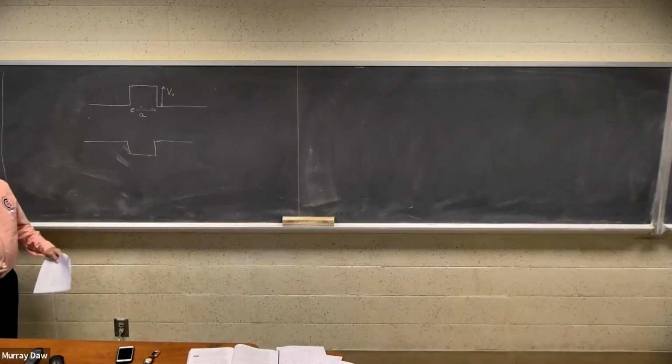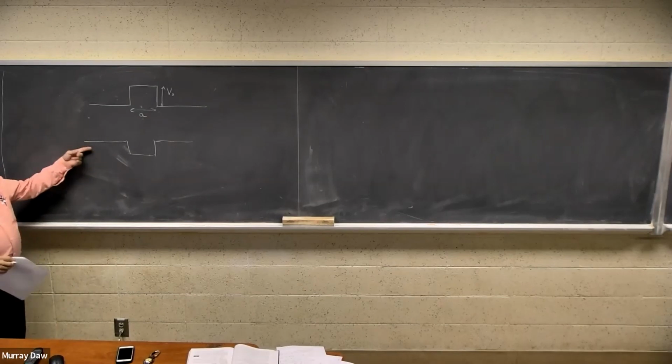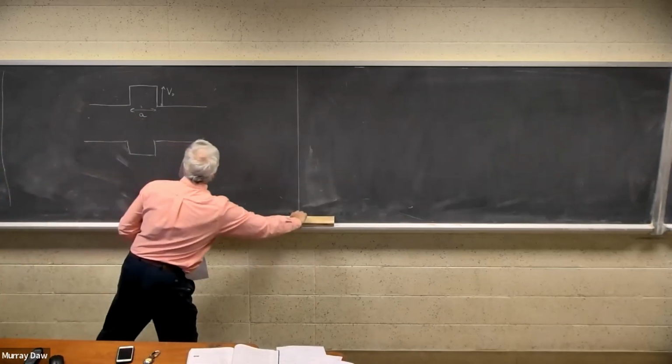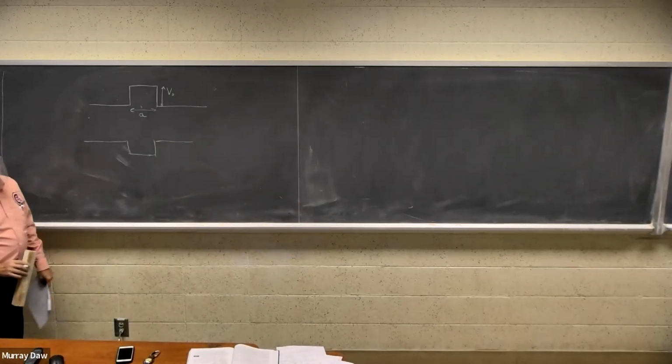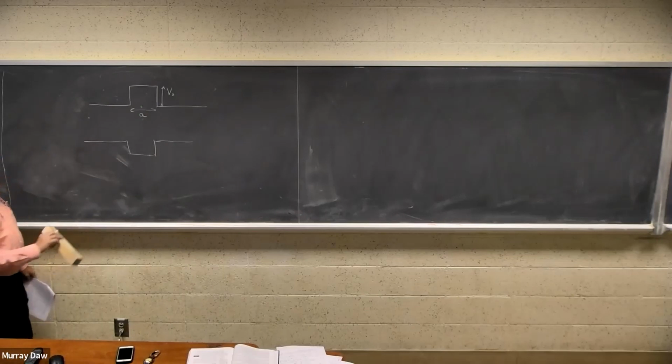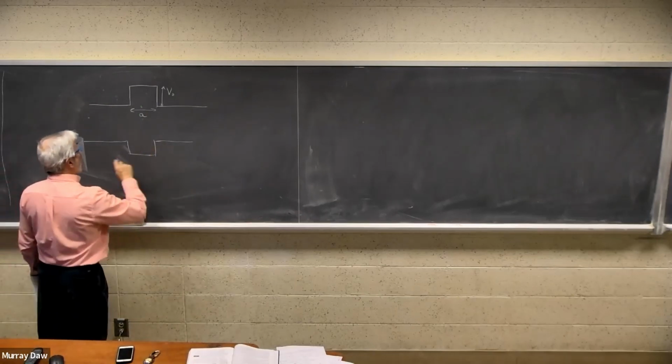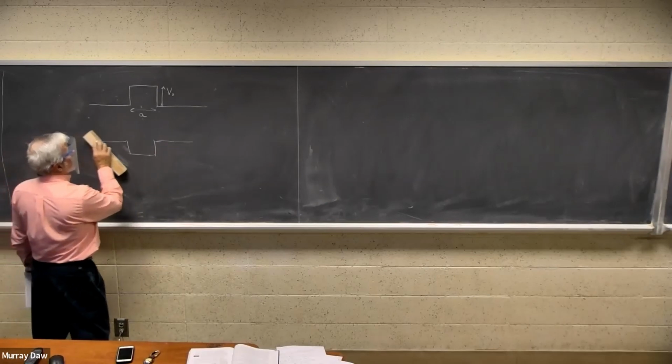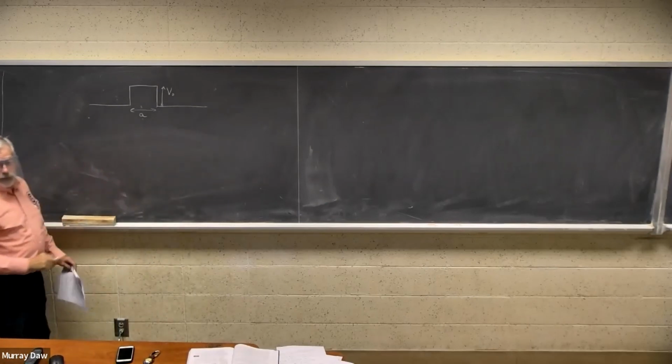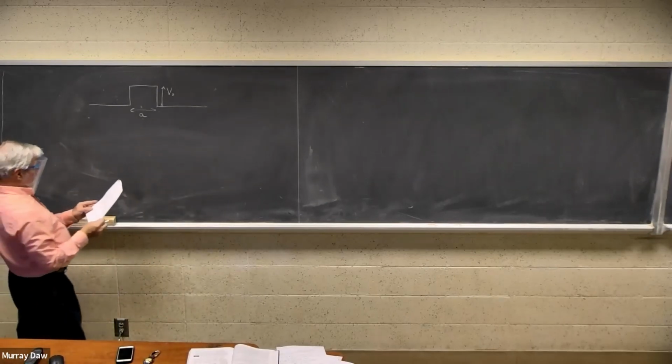And I think now you should not be surprised to find that there's reflection in this case. Transmission is not 100%. You should be able to handle a variation like that if I gave you a problem with a step down. So a negative barrier does reflect. It's strange, but it does.